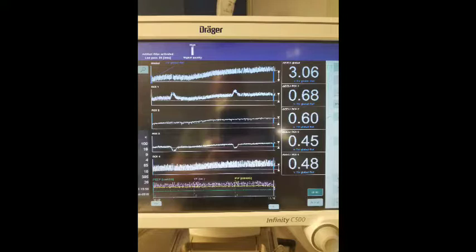Now, understanding that all this machine is able to interpret is that it's looking at differences in impedance across different mediums, different tissues. Like we just said, when there's a lot of fluid, the impedance is reduced, meaning it can get across that fluid very easily.